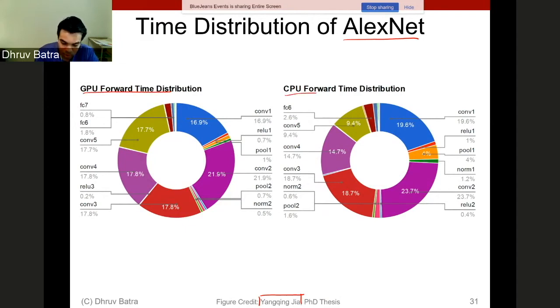And it turns out that most of the time in these neural networks is spent in the convolution layers. The ReLU and pooling, as you might expect, are fairly lightweight operations. They don't take long, but the convolution layers take most of the runtime. The FC layers, for example, don't take that much of the runtime, but it's the convolution that's dominating. And this is in an architecture where the spatial resolution is being lost.